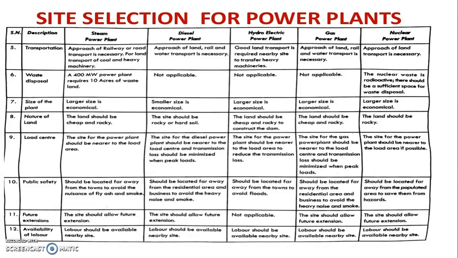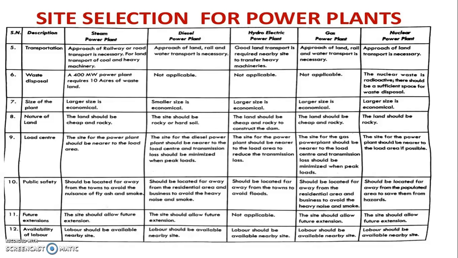Next, future extension. For a steam power plant the site should allow future extension. For a hydroelectric power plant it is not applicable. For all other power plants future extension should be allowed.